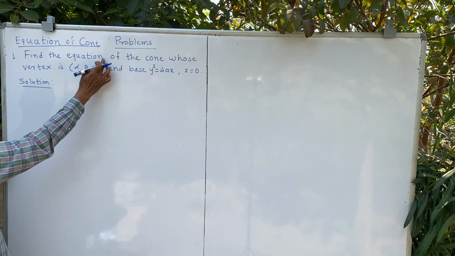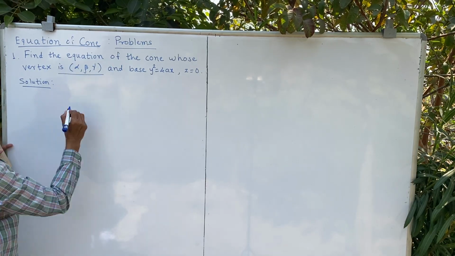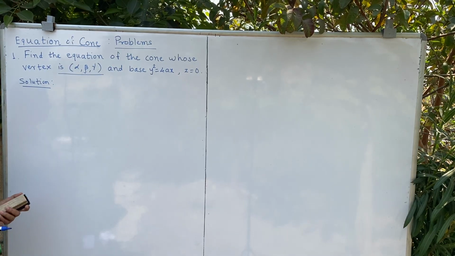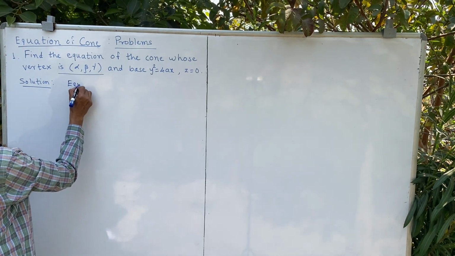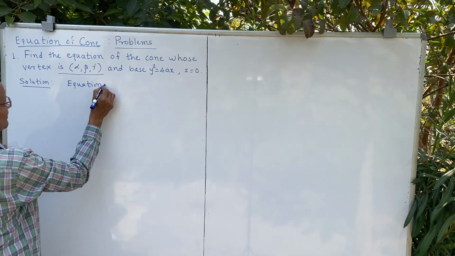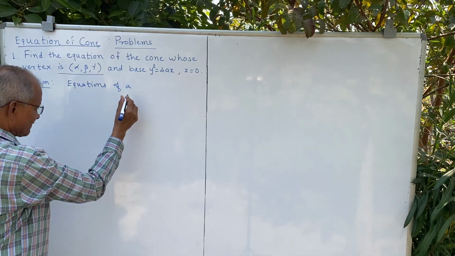Now we shall start the solution, and we first write the equation of a line passing through the vertex alpha, beta, gamma.